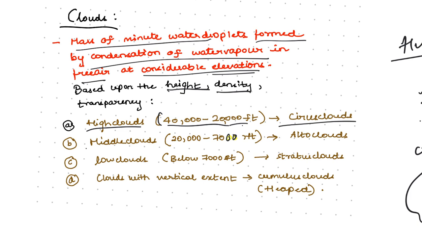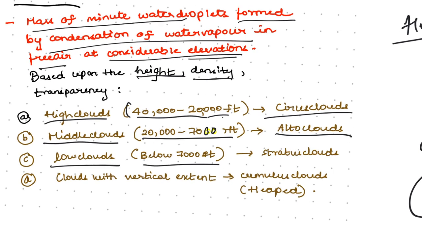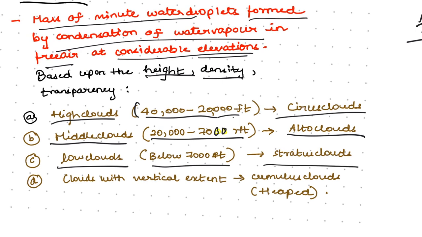Next, middle clouds. Middle clouds are between 20,000 and 7,000 feet. These are alto clouds. The clouds between 20,000 and 7,000 feet you call alto clouds. And next come the low clouds, below 7,000 feet, meaning they are a little near the ground. These are stratus clouds.